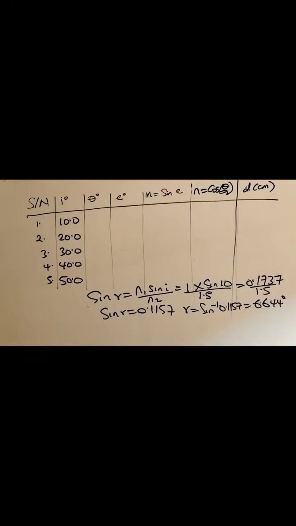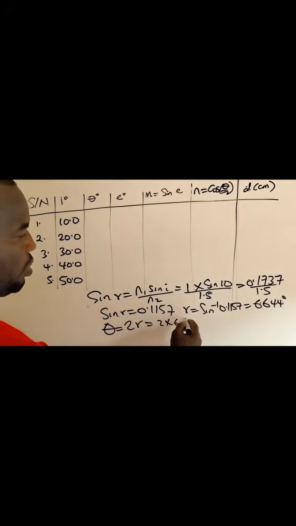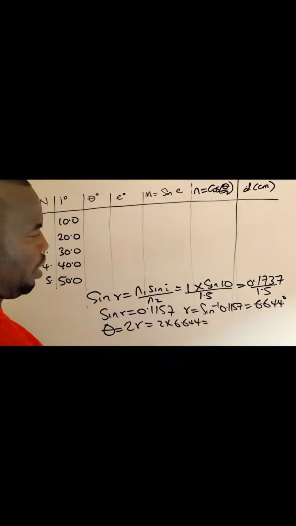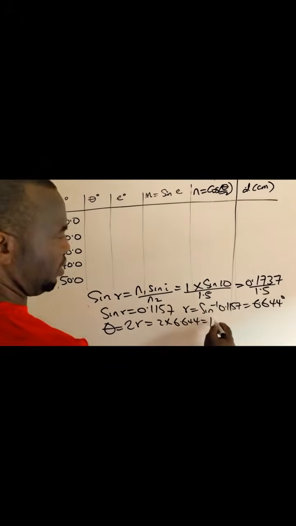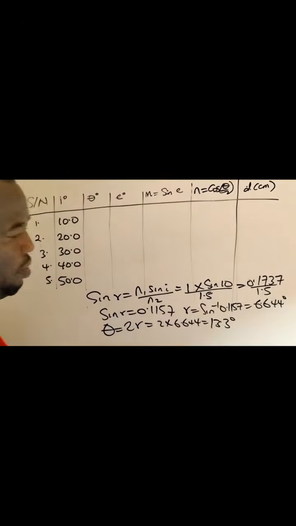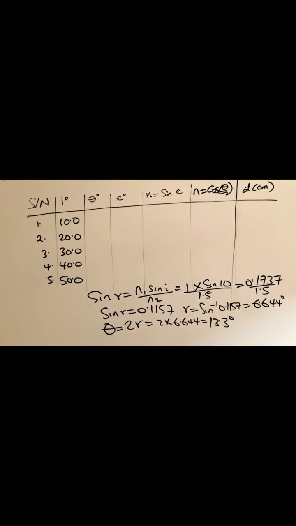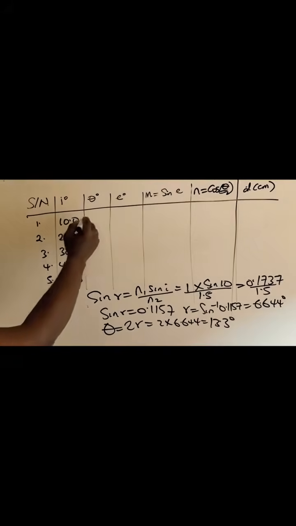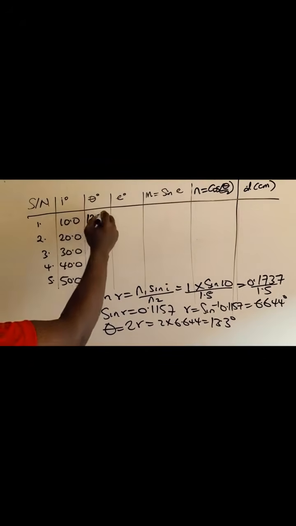Then theta is obtained by using 2 times R, which is 2 times 6.644, and that gives approximately 13.3 degrees. So we'll go up here and report theta as 13.3 degrees.